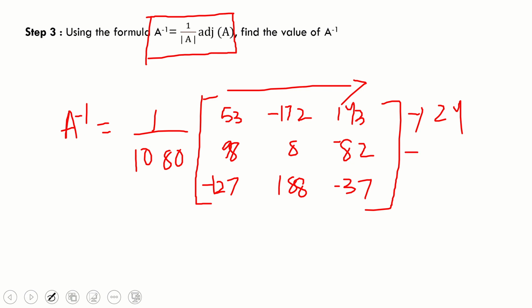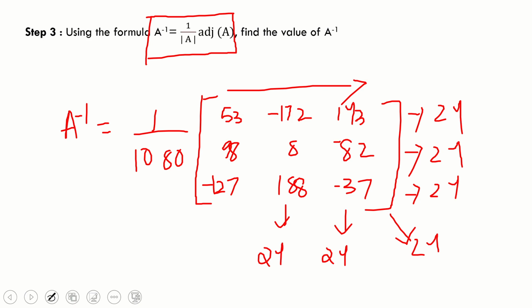If you do the second one also, it is also coming 24, and 120 minus 127 plus 188 minus 37 also coming 24. And if you watch through the diagonal also, it is 24. Likewise, if you add all the elements, you will get your answer as 24.